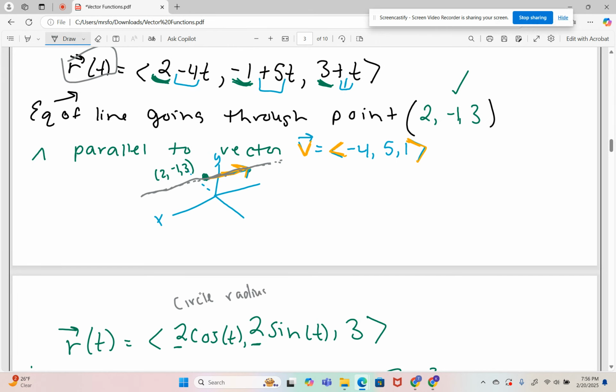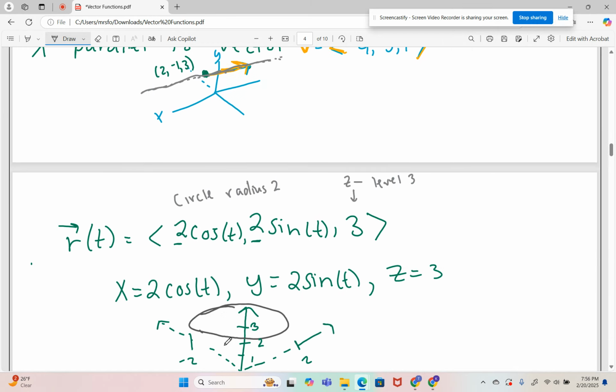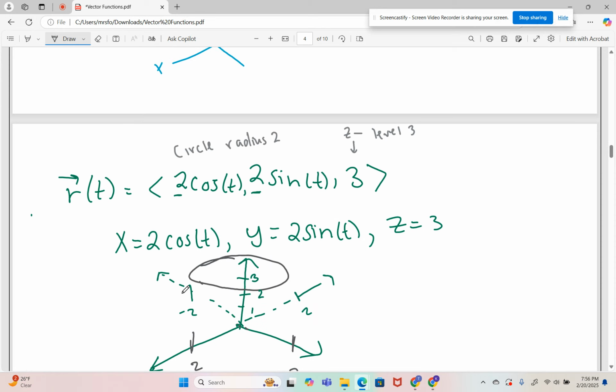And this 3 is our z. That lets us know it's at level 3 on the z axis. So when I draw my circle, it's going to be a circle at the 3 level.